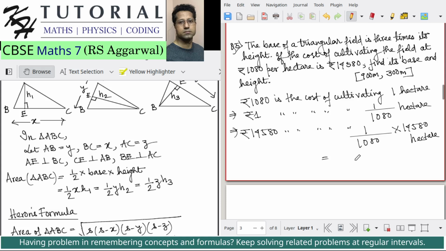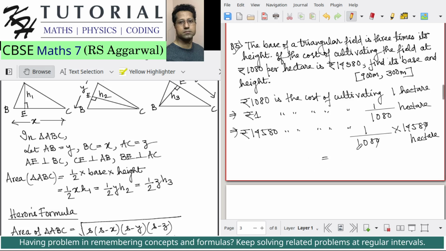So 10 cancels out, and I am using the calculator to find 1458 divided by 108, which is 13.5.